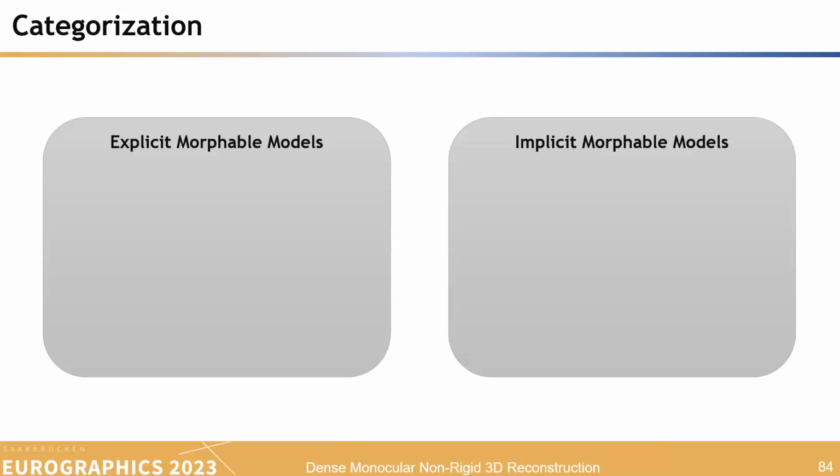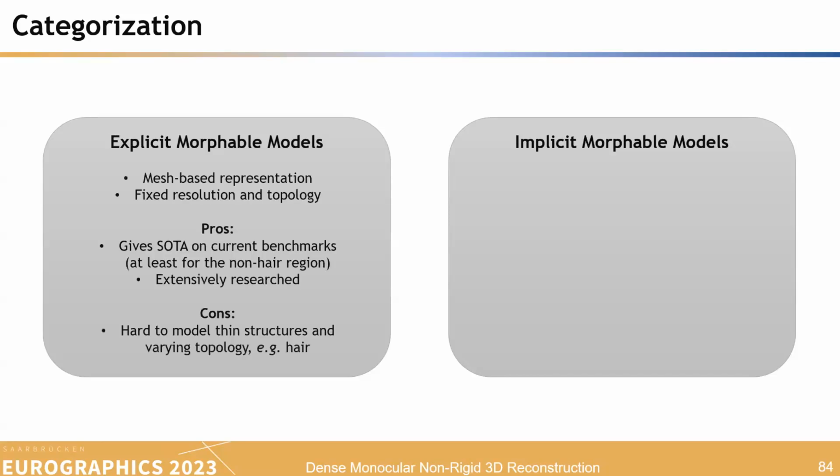The methods can also be broadly categorized based on the type of representation of the data. One set of methods uses explicit representation, for example, mesh-based representation, which has fixed resolution and topology. This type of method has been extensively studied in the past and currently leads the charts in popular benchmarks, at least for the face region.